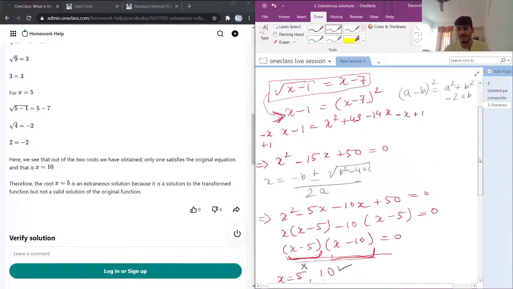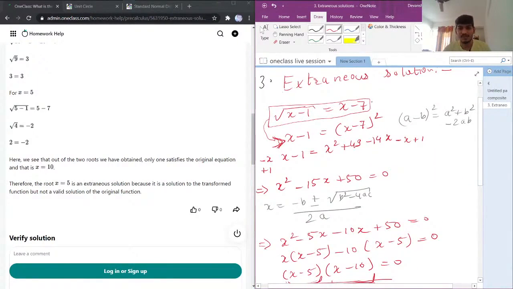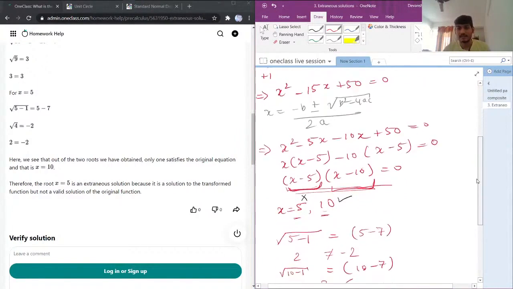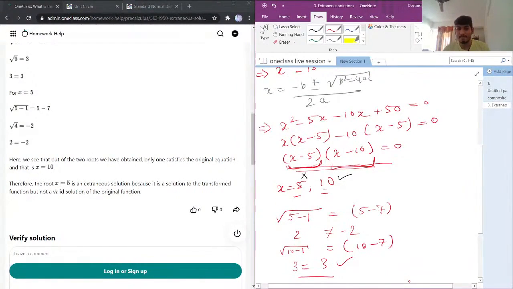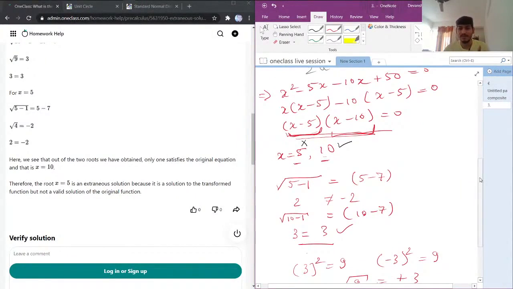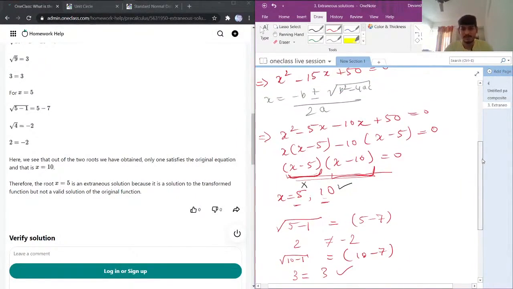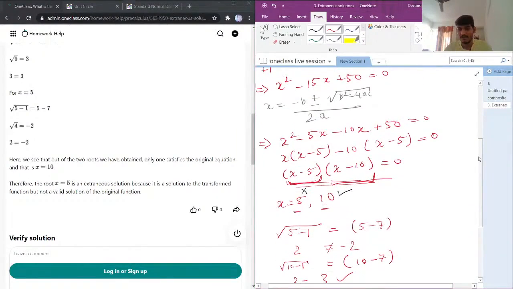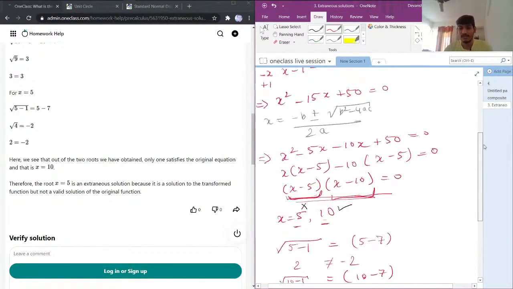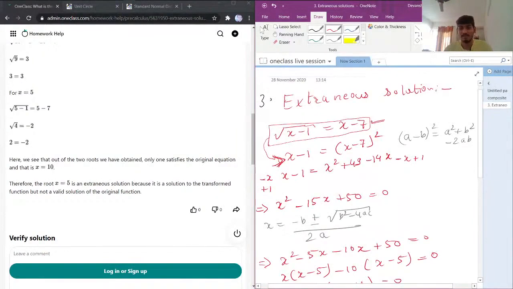In the original function, the domain of x does not contain 5, therefore 5 doesn't satisfy the equation. But x equals 10 satisfied it because 10 lies within the domain of this equation.